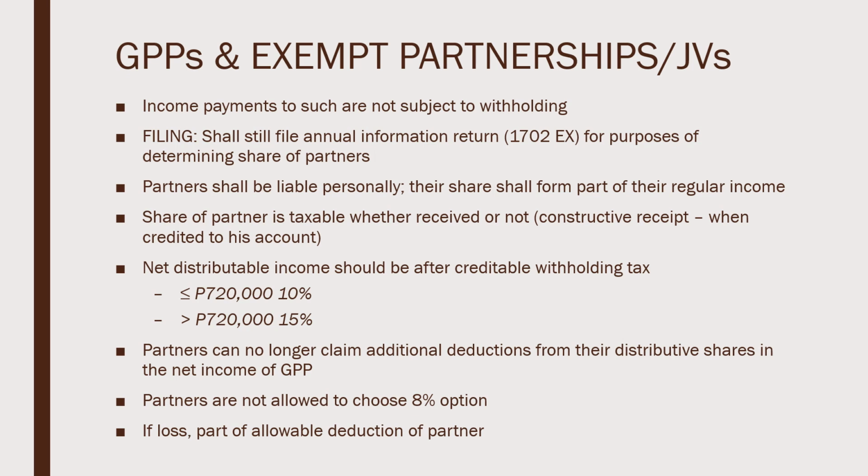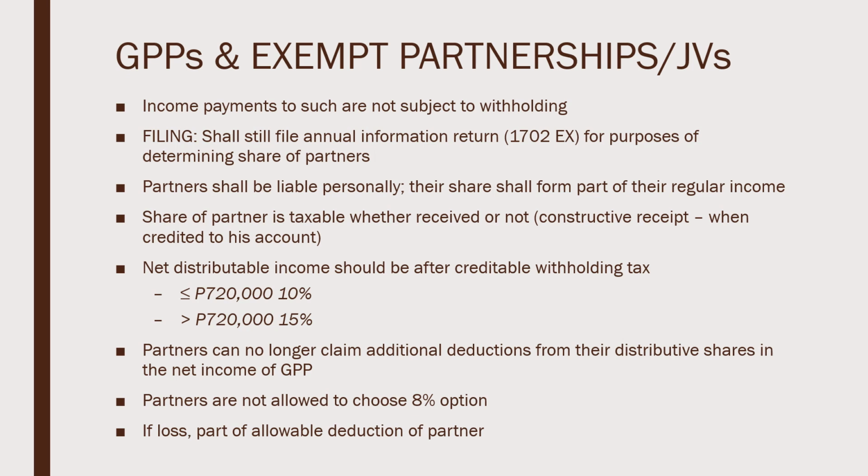However, we do not include the share in the income of the partnership, because in effect, we would be giving an additional 40% deduction on that share. So, if OSD is used, we multiply the gross income by 60% and then add his share in the partnership. Then that will be the taxable income of the partner.